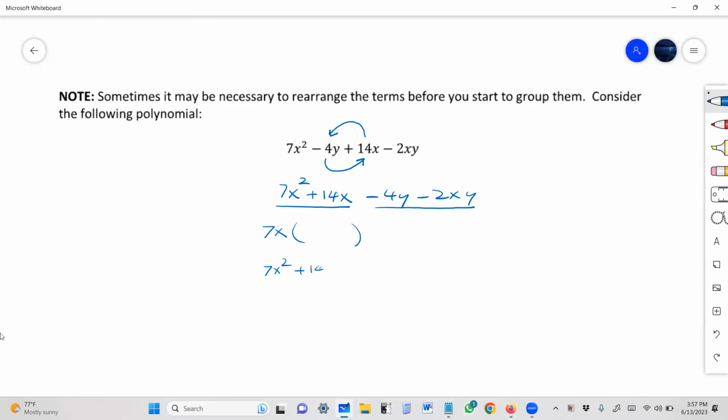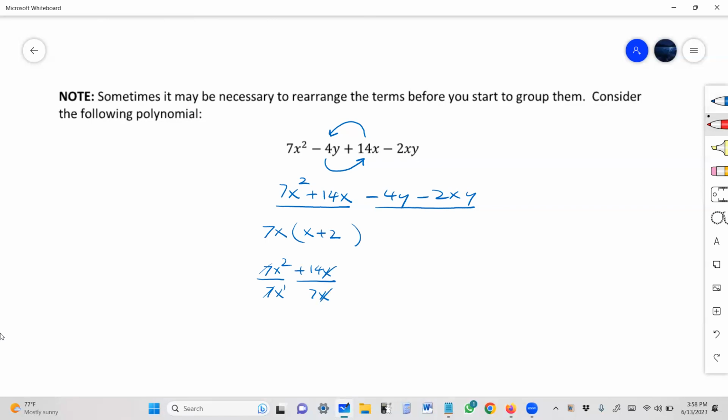7x squared, 14x, each divided by the GCF, which is 7x. The 7's cancel. x squared divided by 7x to the 1 is just x. 14 divided by 7, positive 2, and the x's cancel.